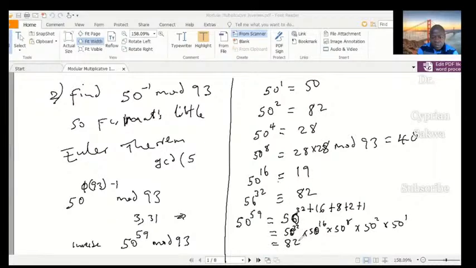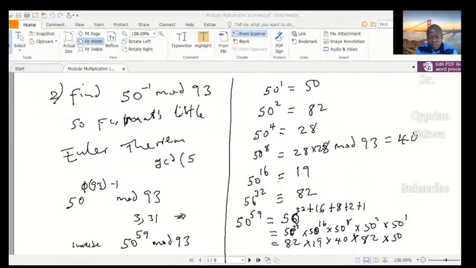This other one, raised to 16, is 19. Raised to 8 was 40, raised to 2 is 82, and raised to 1 is 50.